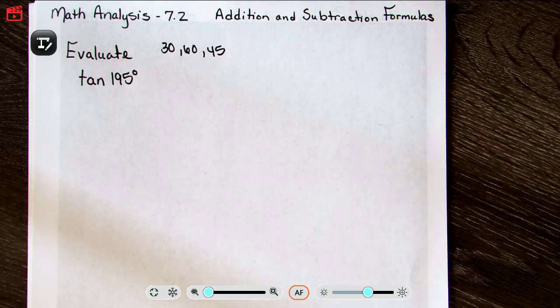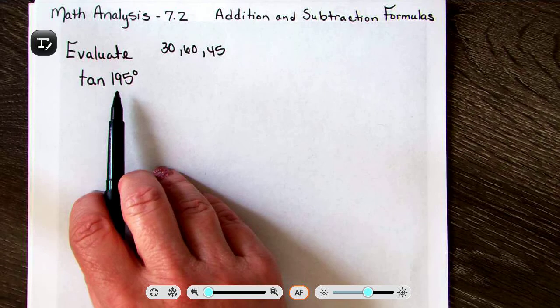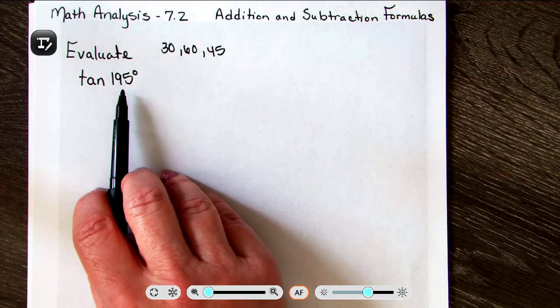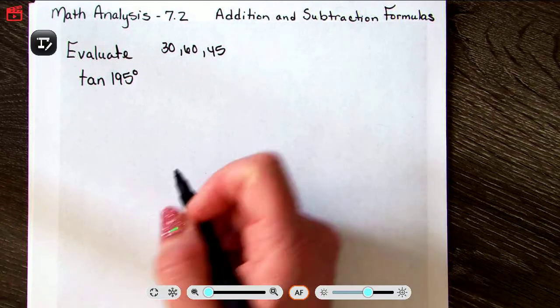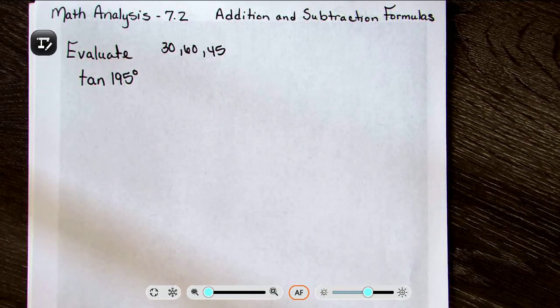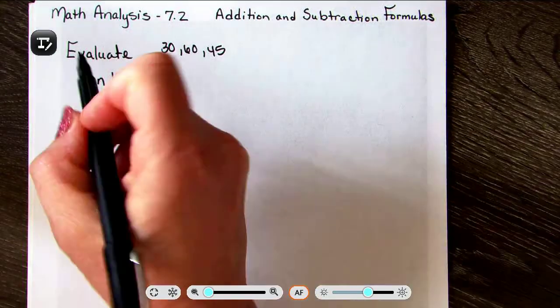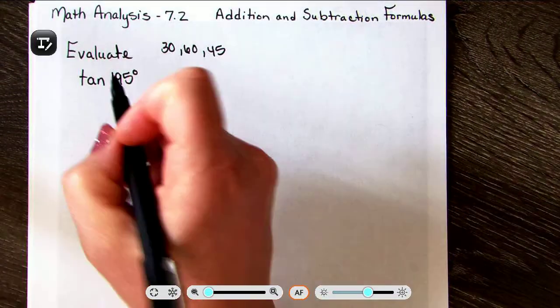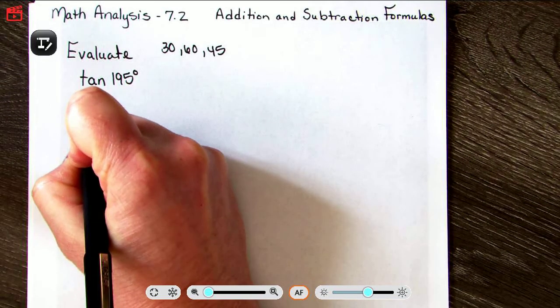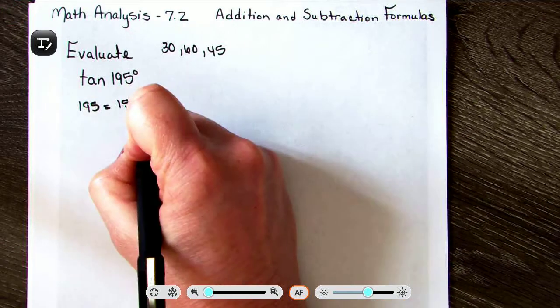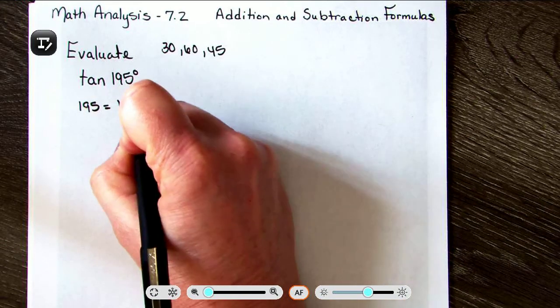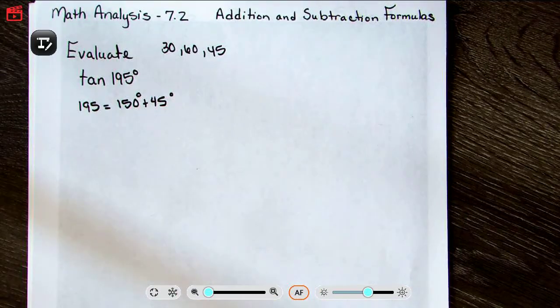This takes a little bit to sometimes hit the right one. In fact, I'm going to do this one two different ways because I want to go through two different formulas. I notice through practice that 195 is the same as 150 degrees plus 45 degrees.